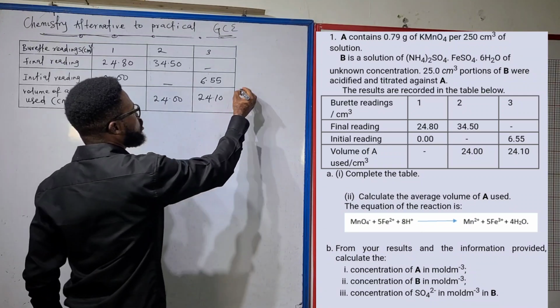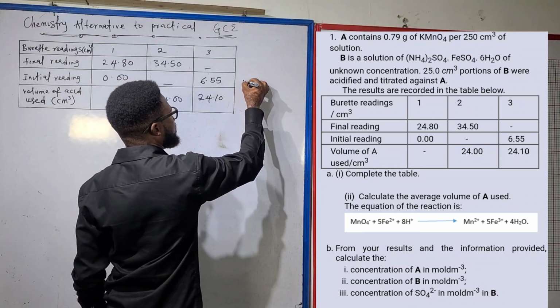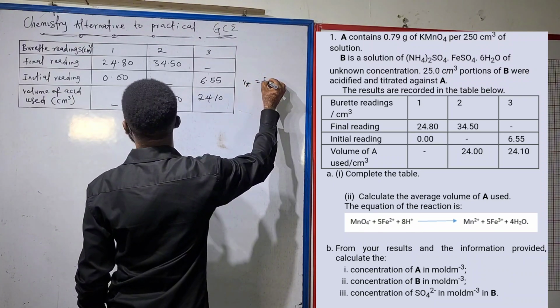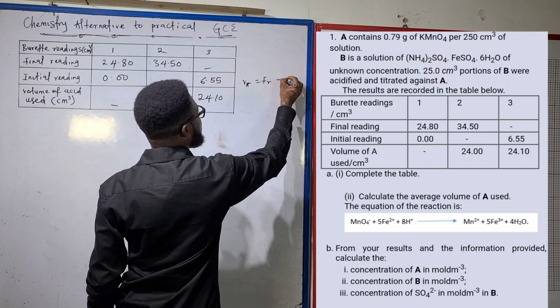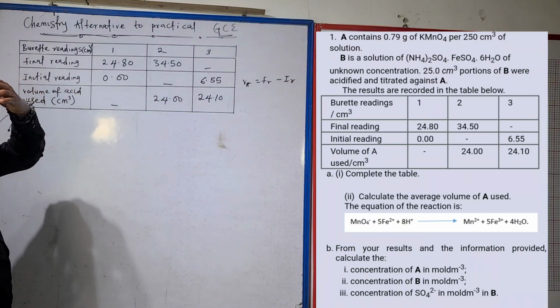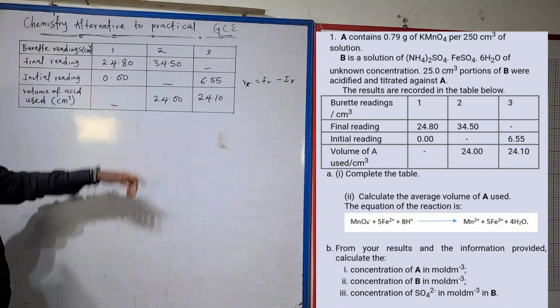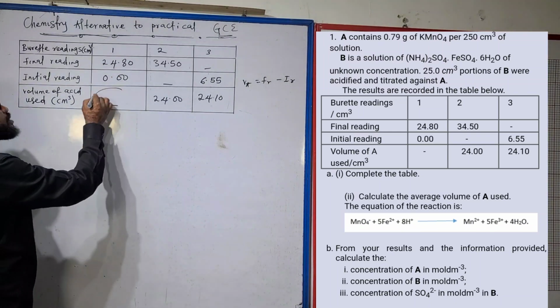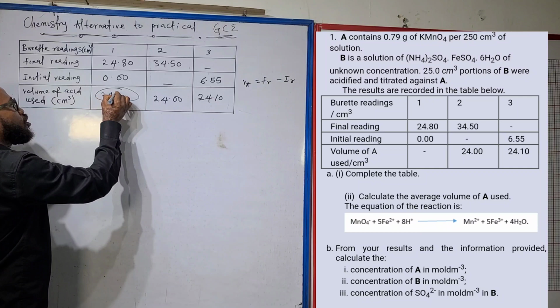The volume of acid used is always the final reading take away the initial reading. So when I am told to fill this table, 24.80 take away 0.00, I am still bound to end with 24.80.